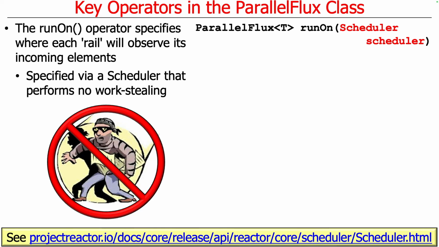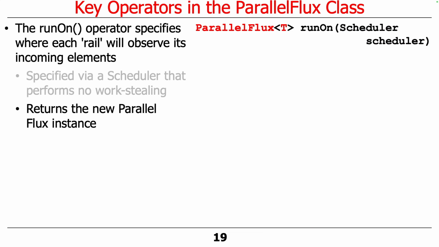We've talked briefly about work stealing. Work stealing is something that comes with the Java Common Fork Join Pool and the Fork Join Pool framework, where threads that don't have anything to do can steal work from other threads. That's not how the ParallelFlux works, for whatever reason. And it returns a new ParallelFlux instance that can then do all this processing in parallel.